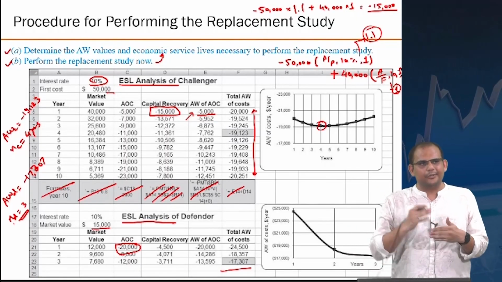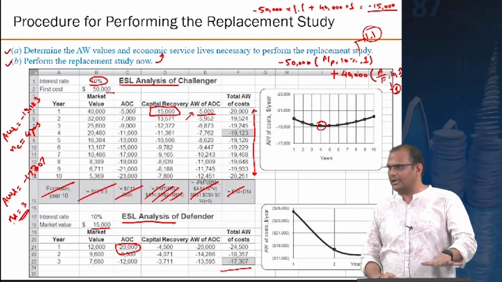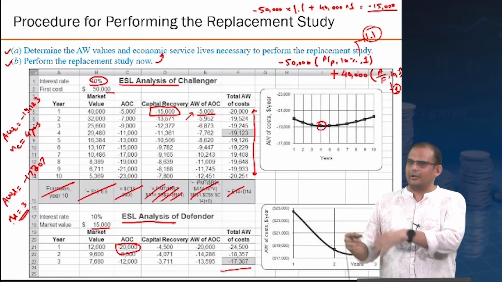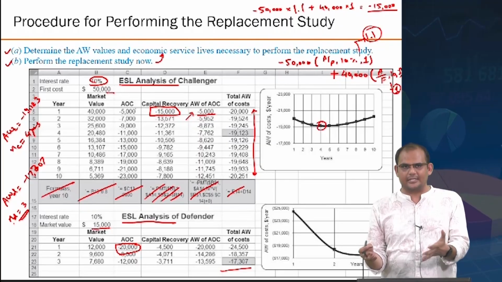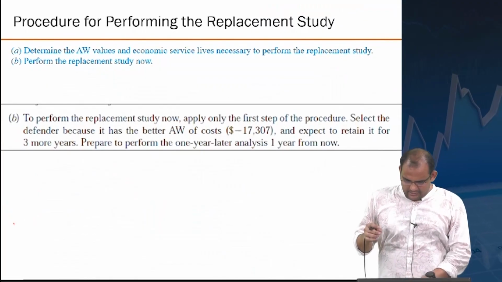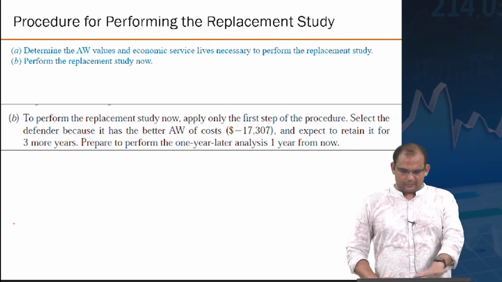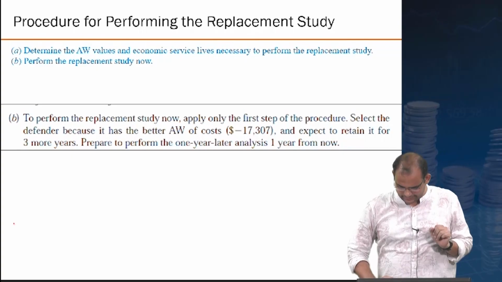Because you retained, you need to do the calculation again and again, and that's also expected in such a tricky situation because technology is rapidly changing and your existing equipment is deteriorating faster. So you need to do that calculation again. This is the answer to your replacement study now.